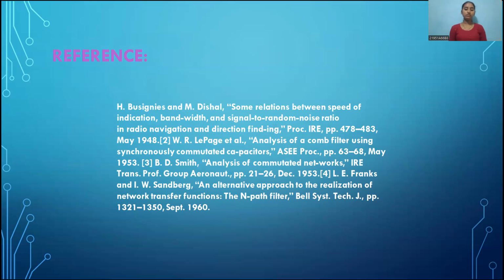Analysis: B. D. Smith, Analysis of Commutated Networks, IRE Transactions Professional Group on Aeronautical and Navigational Electronics, pp. 21-26, December 1953.